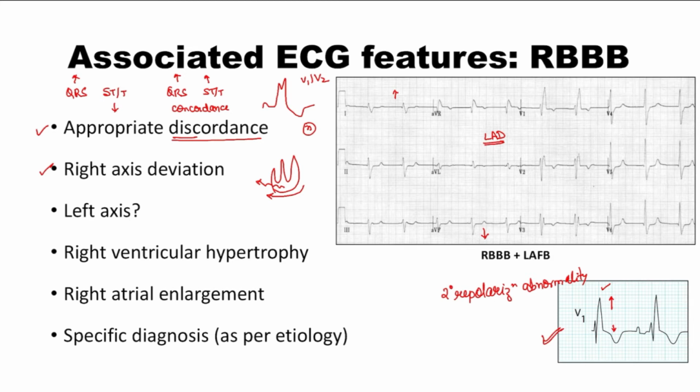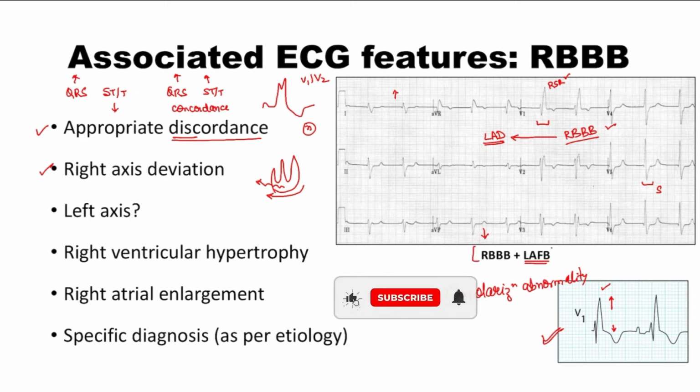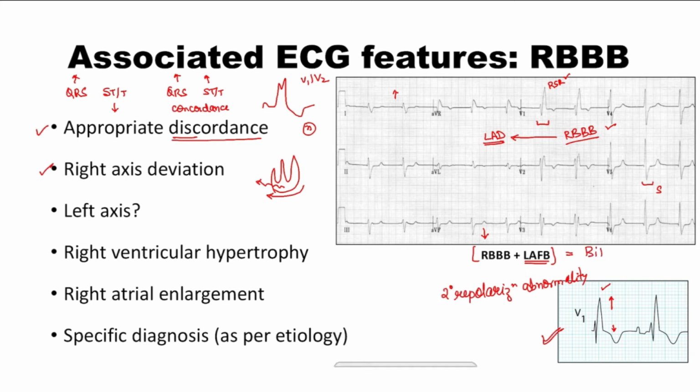The patient has got an RS-R dash pattern, has got a wide S wave here and a wide QRS complex. So the patient has got right bundle branch block, but instead of a right axis, the patient has got a left axis deviation. So whenever you see this kind of a condition, you should always consider the presence of left anterior fascicular block in addition to right bundle branch block. Both of these together constitute the diagnosis of bifascicular block.